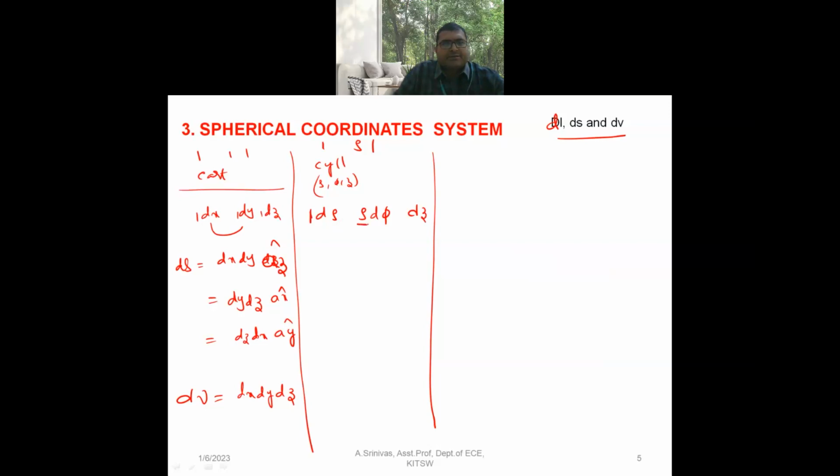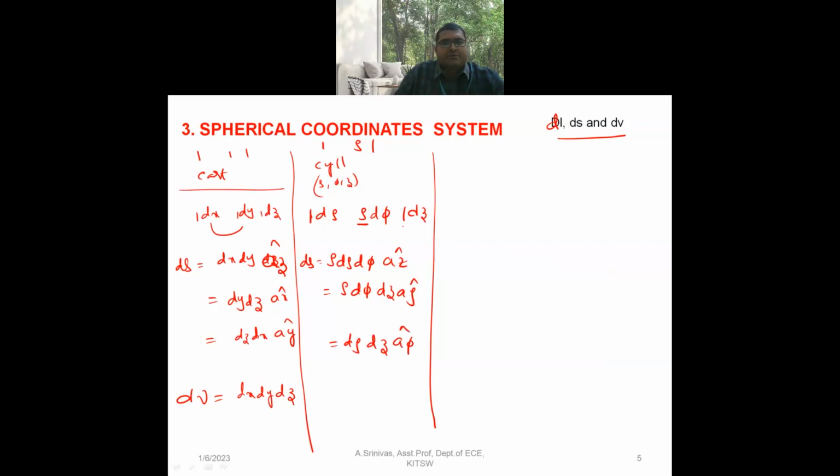That is 1, rho, 1, and ds is equal to the differential normal surface, product of two: rho d phi dz along a rho direction, d rho dz along a phi direction, and rho d rho d phi along az direction.